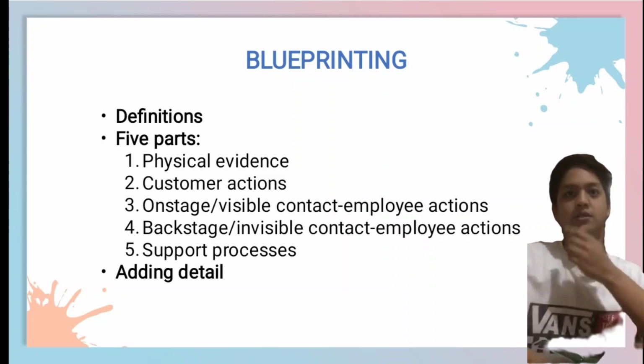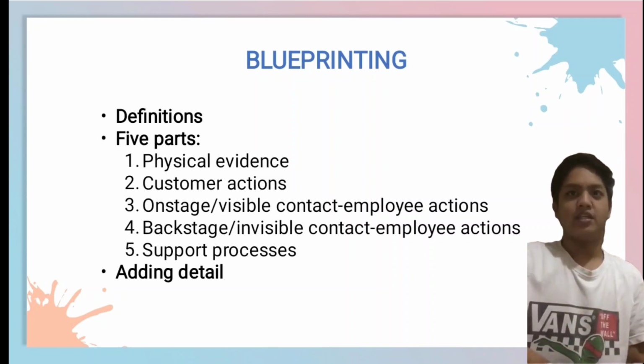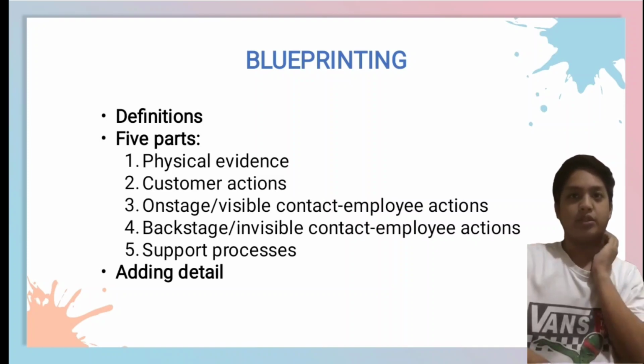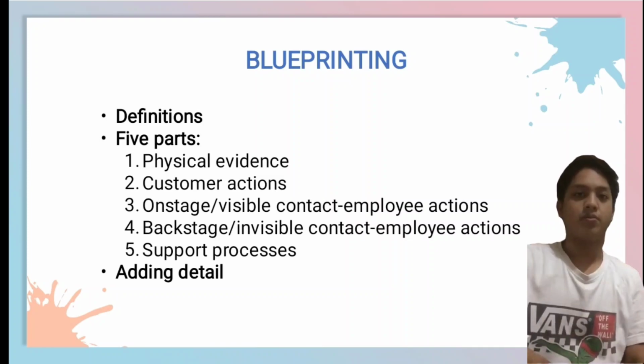Physical evidence. This is anything tangible your customer interacts with and is usually the main channel for communicating with them. Examples include retail shops, websites, podcasts, or social media. Customer's action. This is any activity your customer needs to do to engage with the service being provided.